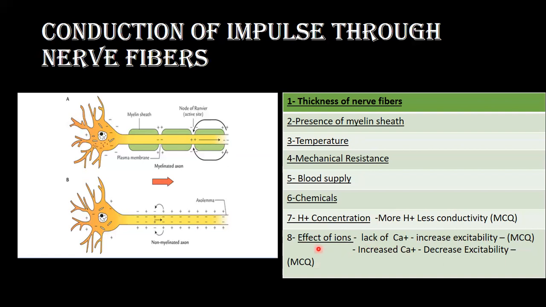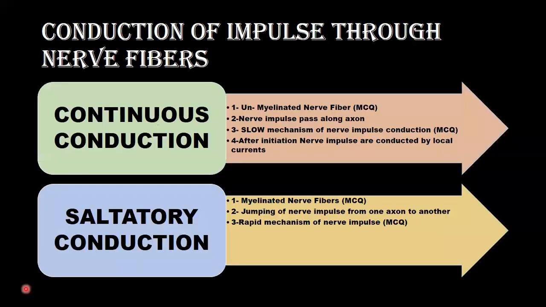And when we come to the effects of ions, we see these points in a further slide also, but this is more important from the MCQ point of view. If we have a lack of calcium, then there is an increase in excitability, and if we have an increase of calcium, we have a decreased excitability. So calcium and excitability are inversely proportional to each other.